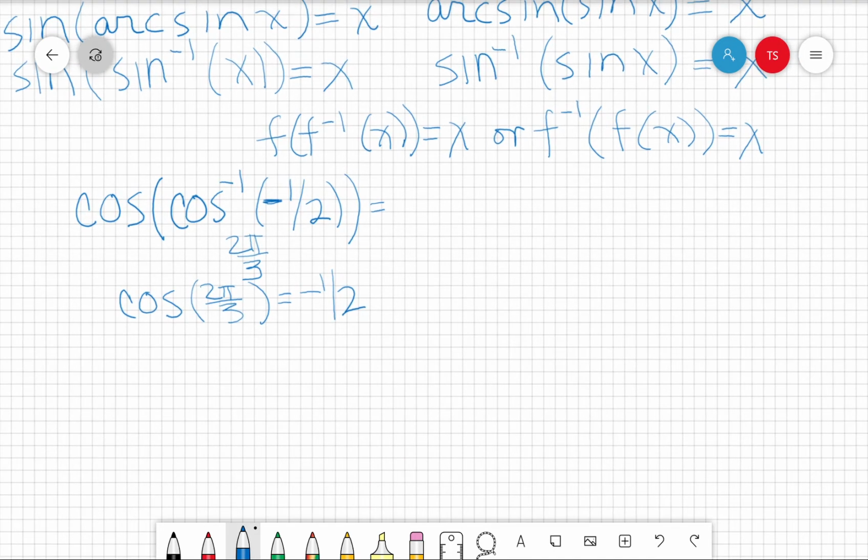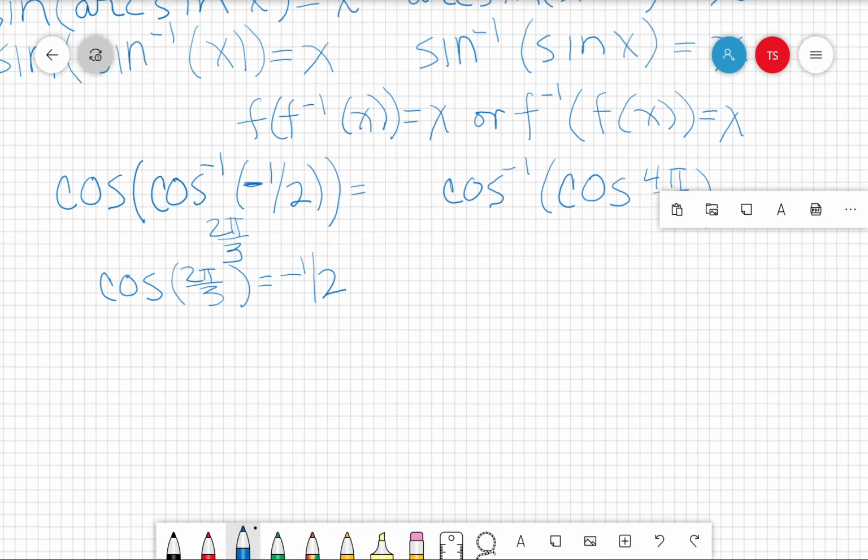If I have, though, something like, let me write it this way, let me find the inverse cosine of the cosine of 4 pi over 3. Well, 4 pi over 3 is outside of the limited domain of 0 to pi.